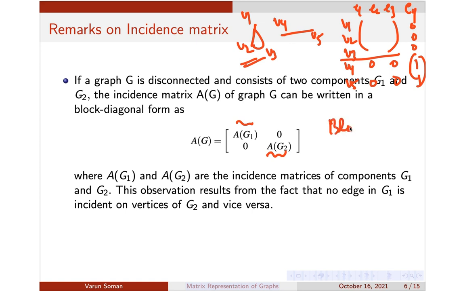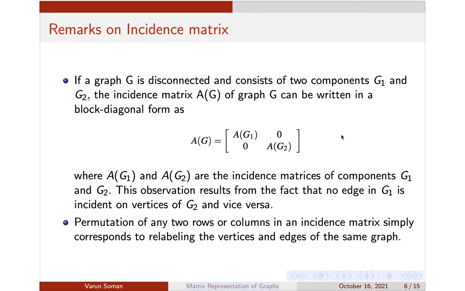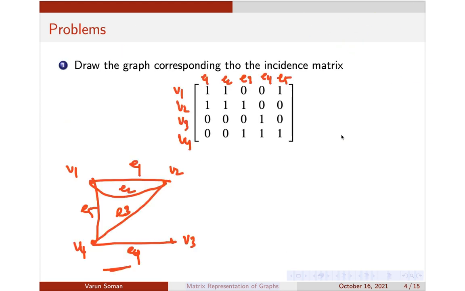You have studied block matrices in your linear algebra course, so it will be like that only. Moving forward, permutation of any two rows or columns means you interchange rows or columns in the matrix. Suppose you change v3 and v2: what used to be called v2 will now be called v3 and v3 will be called v2.